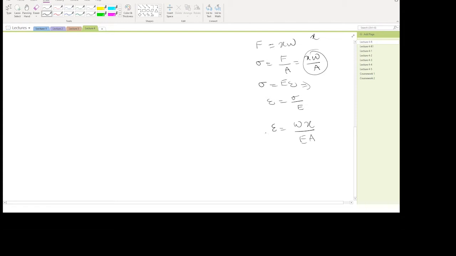So the strain would express the rate at which this displacement is changing, just like the velocity and the displacement. The rate at which the displacement changes is the velocity, and the same type of relation is correct between the strain and the displacement. So basically, the displacement is the integral of the strain with respect to x.